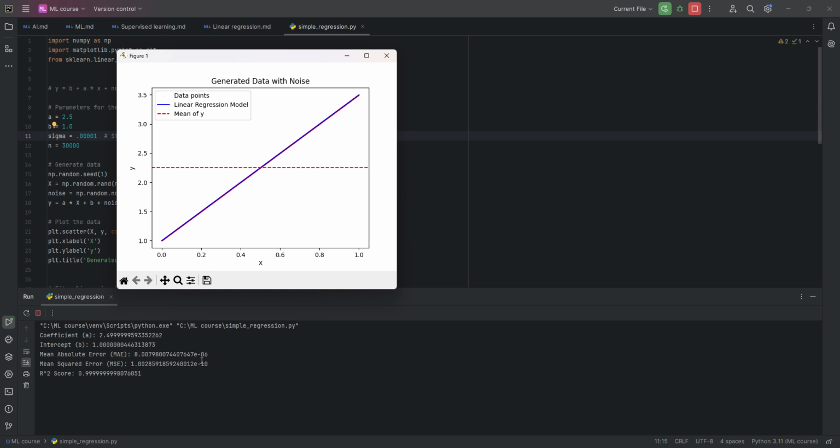They are to the power of minus 6 and minus 10, almost 0, and our R2 is almost 100%. And you can see the accuracy of detecting the original parameters of the model, the parameters that were used to generate the synthetic data.